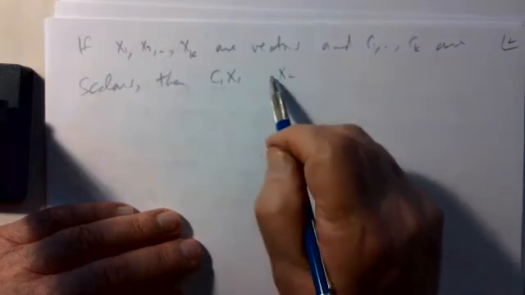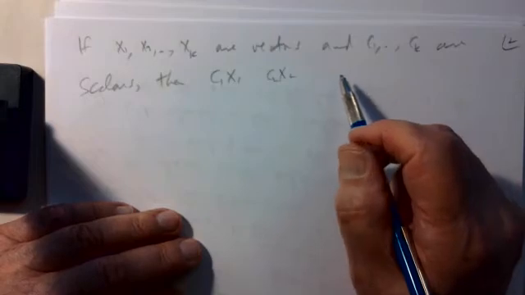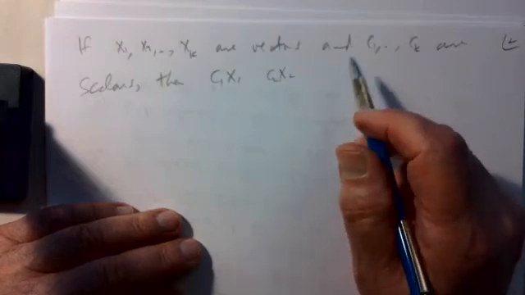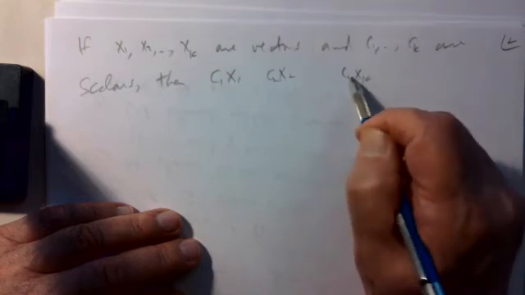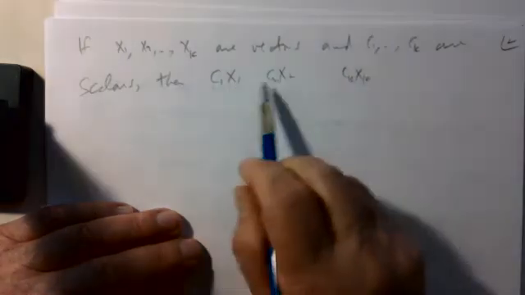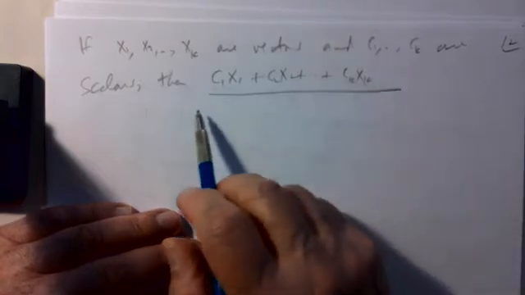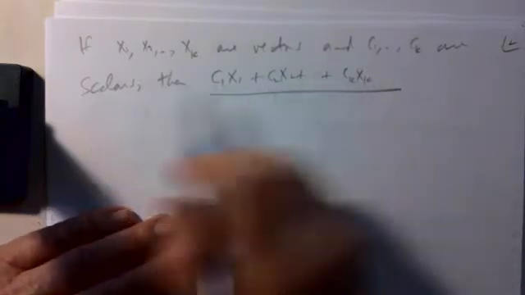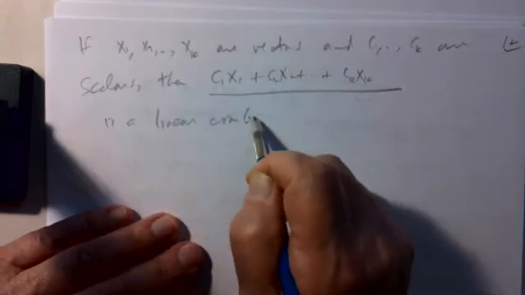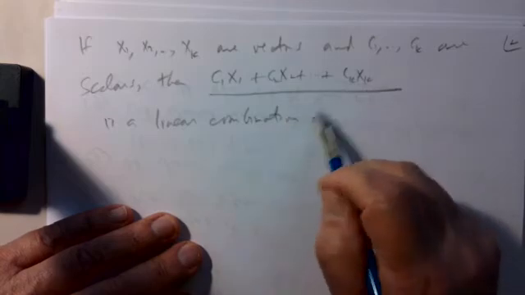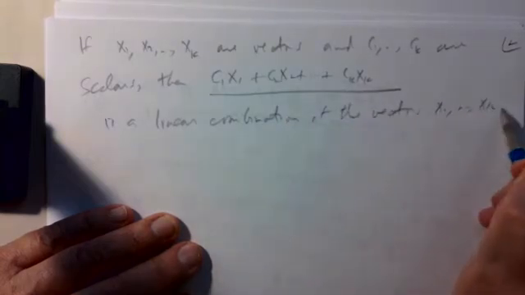You can take the vector x2 and multiply it by c2. And in general, for each of these vectors, you multiply it by the corresponding scalar. Now these are just vectors again, and you can add them up. And this expression is what is called a linear combination of the vectors x1 up to x sub k.